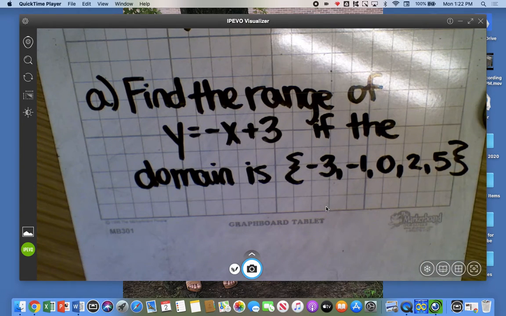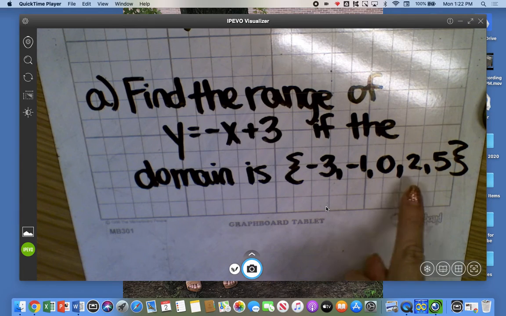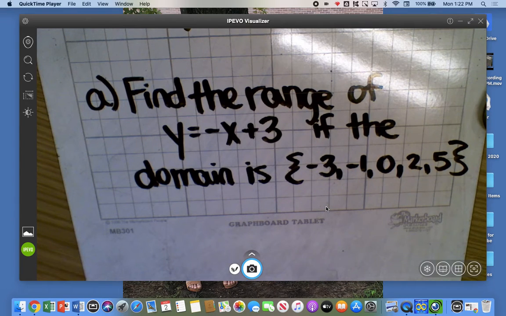All right, so we have 5 numbers in our domain, and these are the x values. What we're going to do is plug in each one of these x values and get y values to correspond.